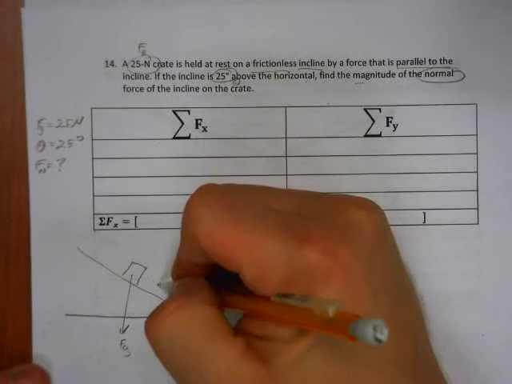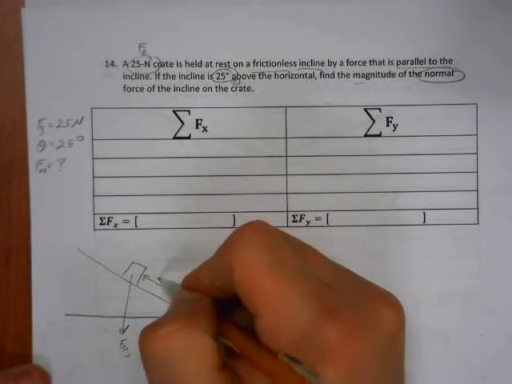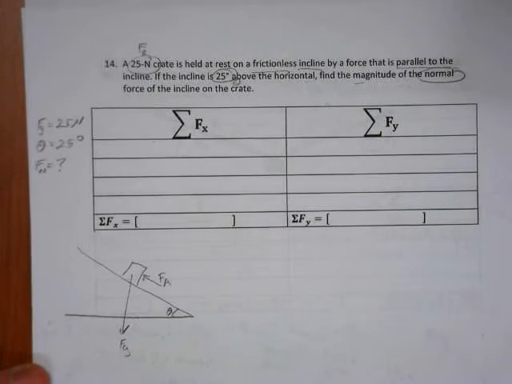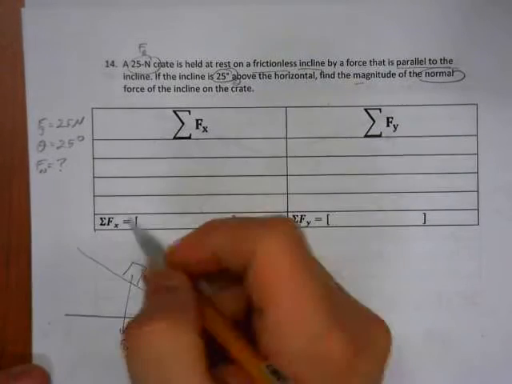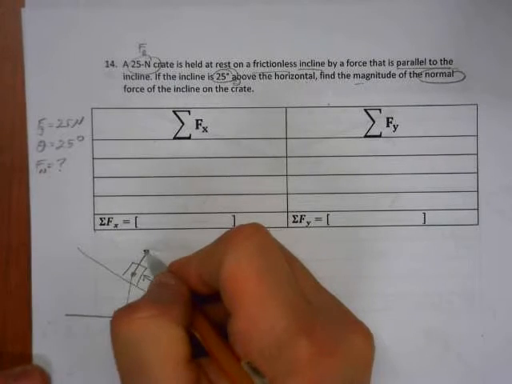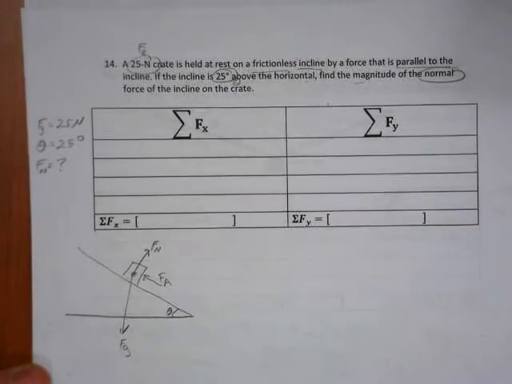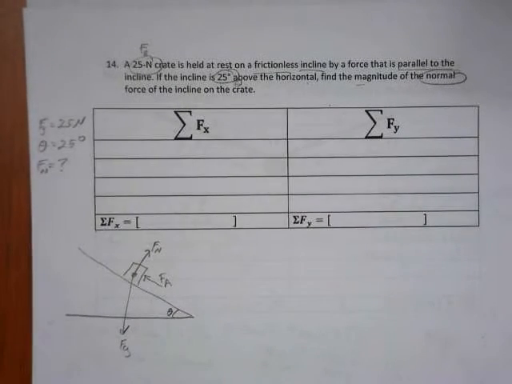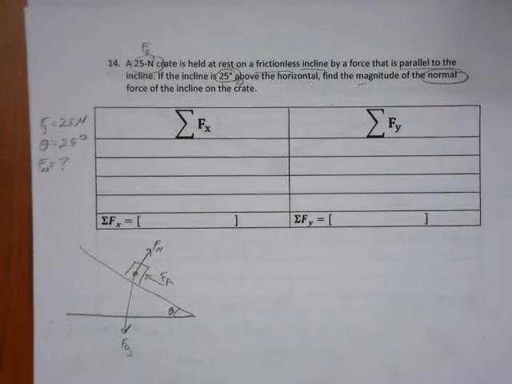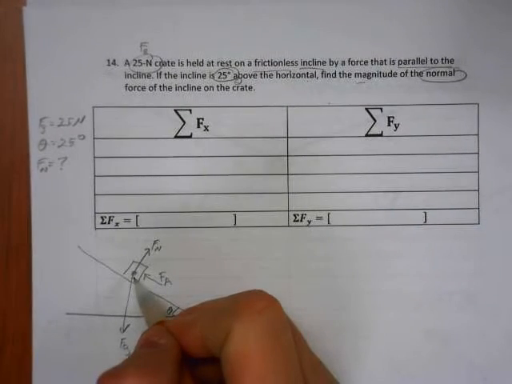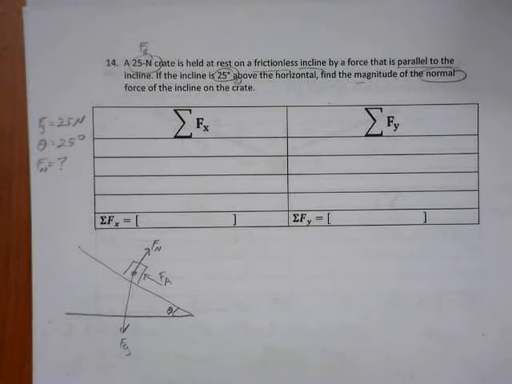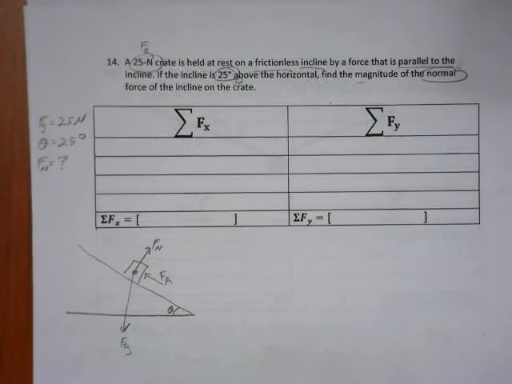We have a force applied pushing up on the block, keeping the block on the incline and keeping it from moving. We have the normal force, which is normal to or perpendicular to. Remember, normal and perpendicular are like the same words. Well, they mean the same thing in mathematics. So the normal force is perpendicular to the incline. And those are all the forces we have.